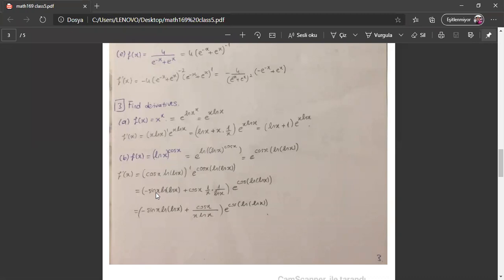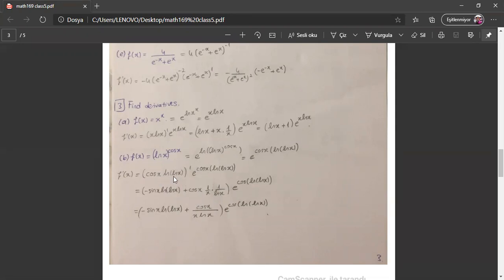So it is minus sine x times the second function, plus the first one cosine x times the second function's derivative, which is the derivative of this function. It is 1 over ln of x times the inside function's derivative, which is 1 over x.